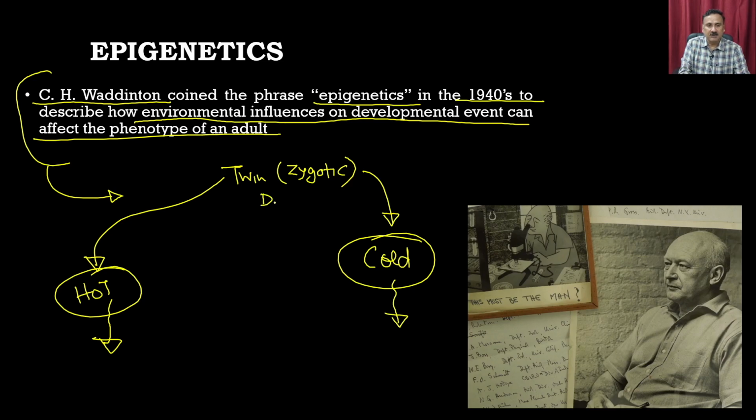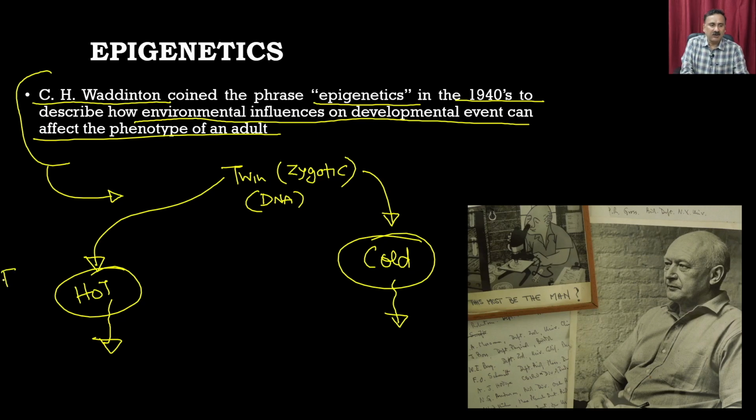Because these are zygotic twins, the DNA, or genetic material, is the same, but the one staying in hot weather and the one staying in cold weather are phenotypically very different in many aspects.